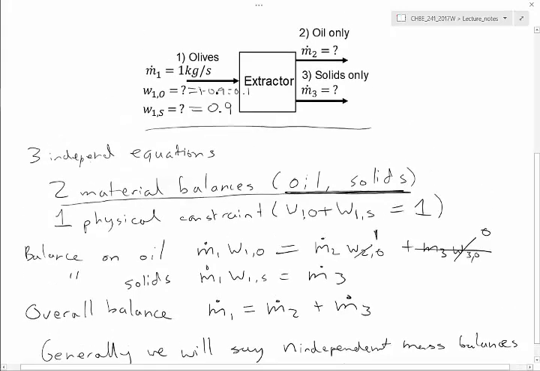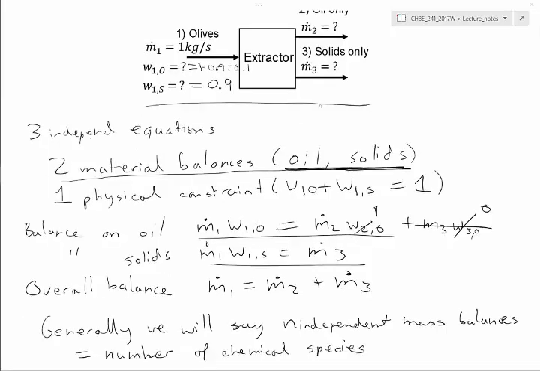So here with this problem, given this information, I could use my balance on oil to solve or my balance on solids to solve. And if we use those balances on oil or solids, we can figure out M2 or M3, right, those mass flows.